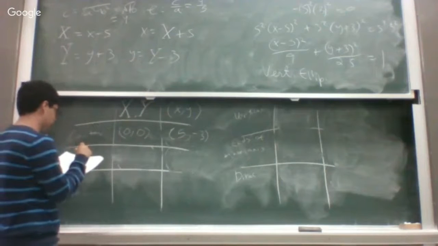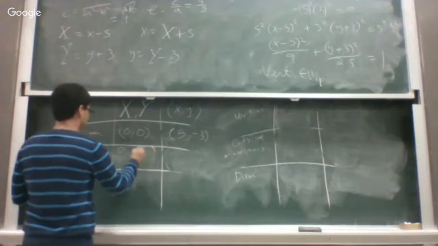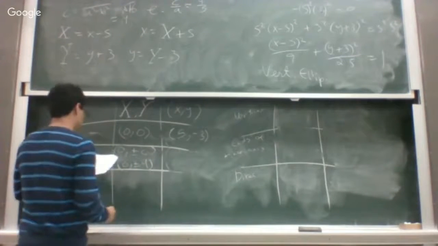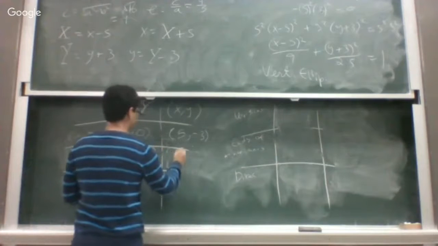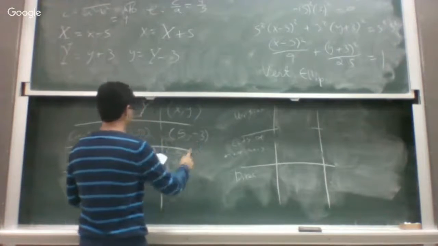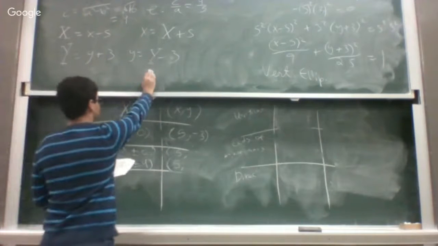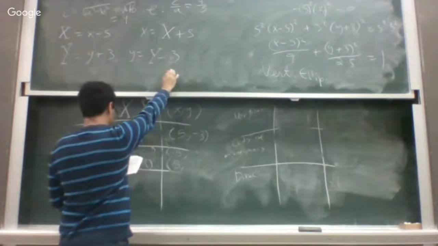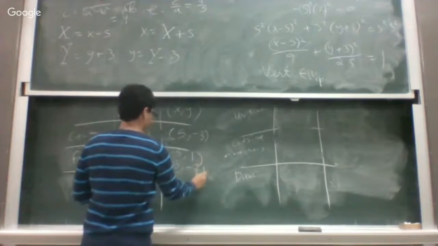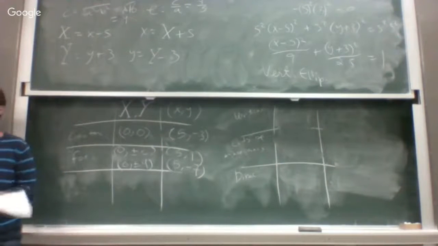The formula for foci is, since it's vertical, 0, plus or minus c. So we get 0, plus or minus 4. So then on the right we have 5 stays for the x values, but it's minus 3. So it's 5, 1, and 5, -7.